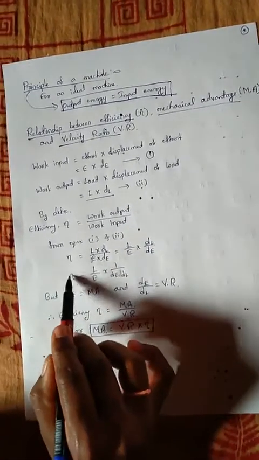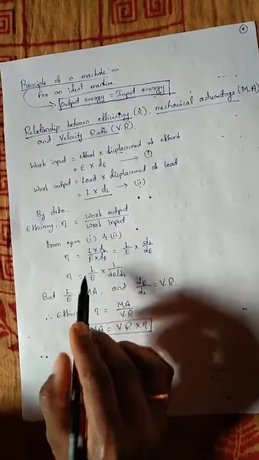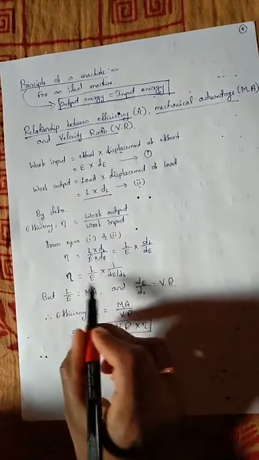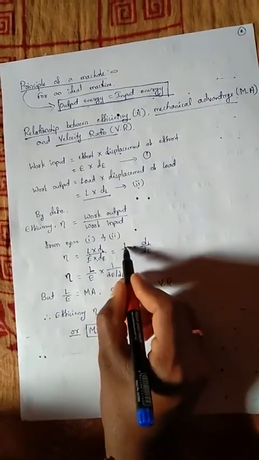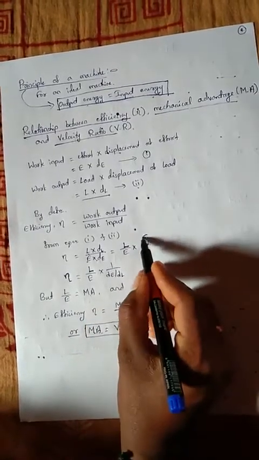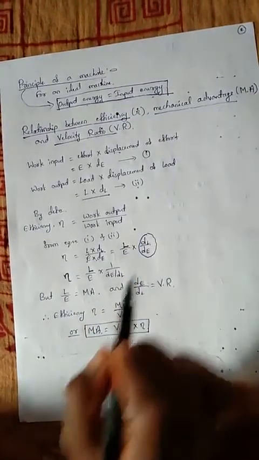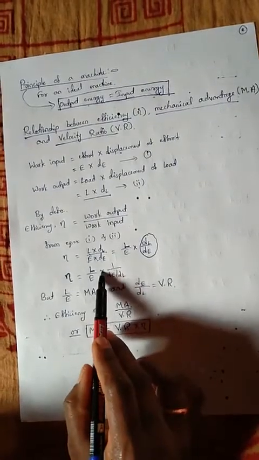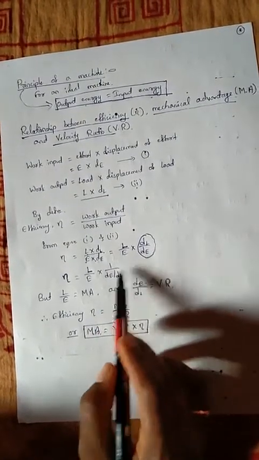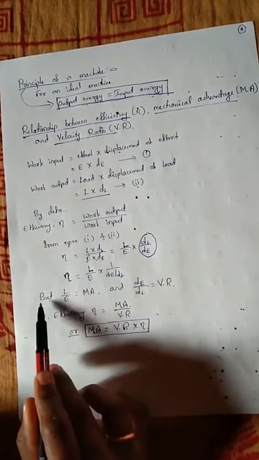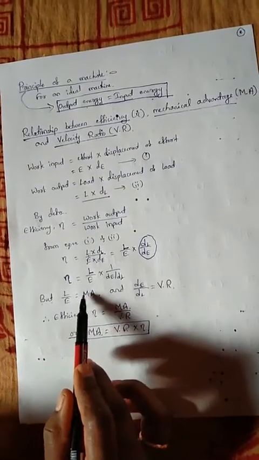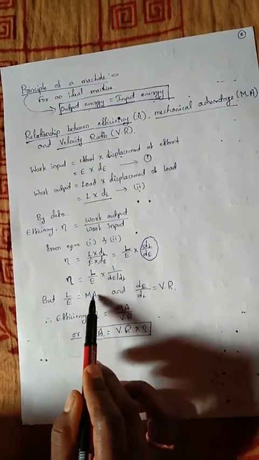Again, efficiency eta is equal to L upon E into 1 upon DE by DL. But L upon E is equal to the mechanical advantage.